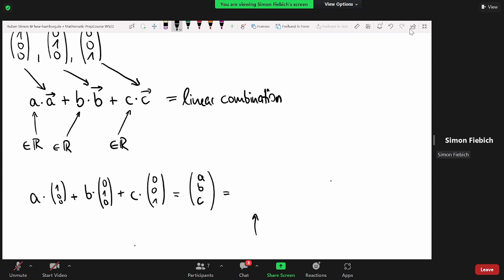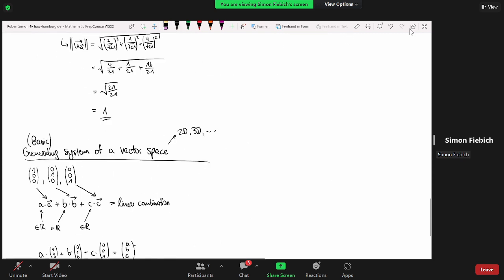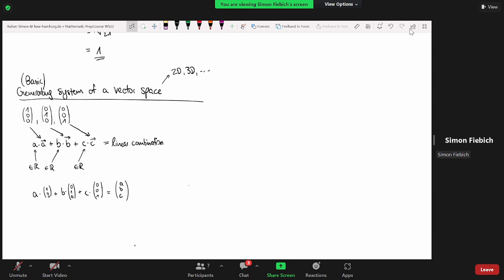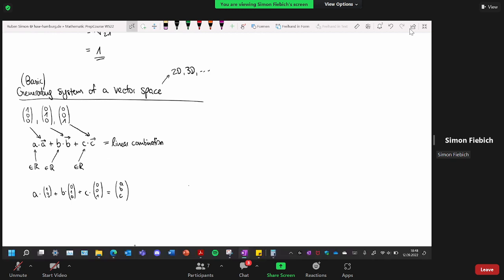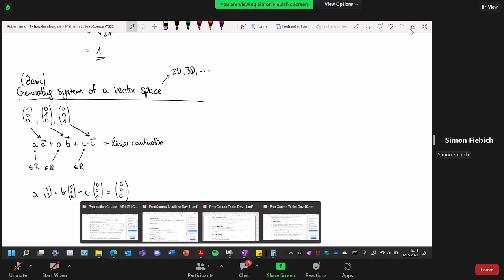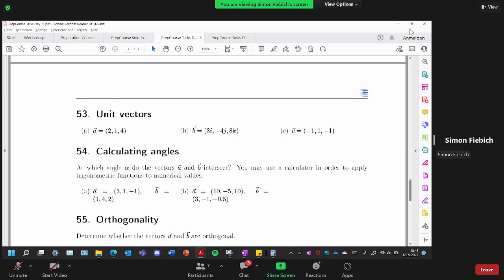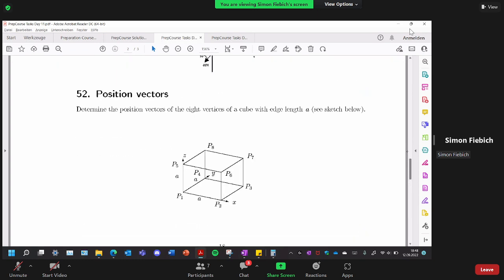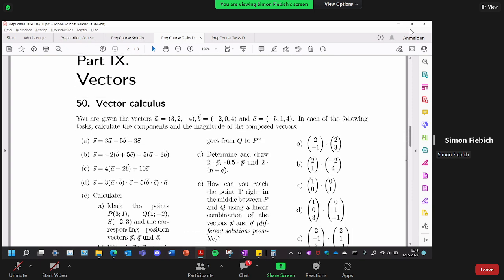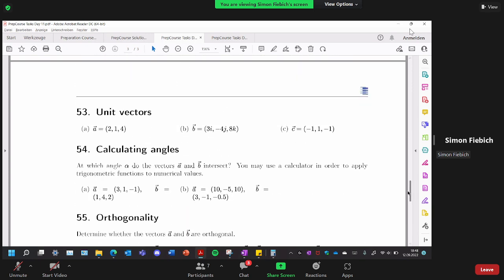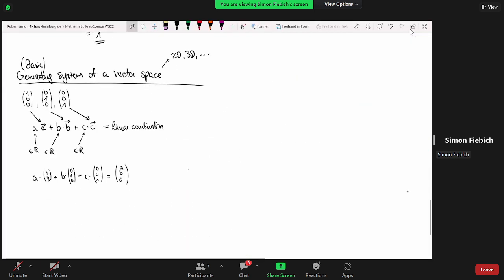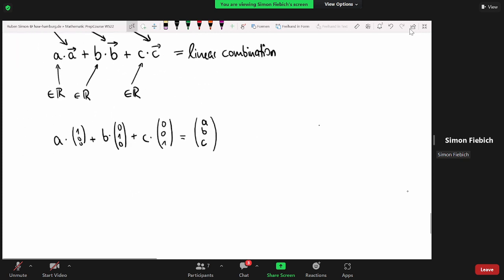Okay, back to topic. Actually, we were talking about the vectors i, j, and k, which are given in this task. I think they gave nowhere that i, j, and k are actually meant to be these vectors of the basic generating system of the three-dimensional vector space.